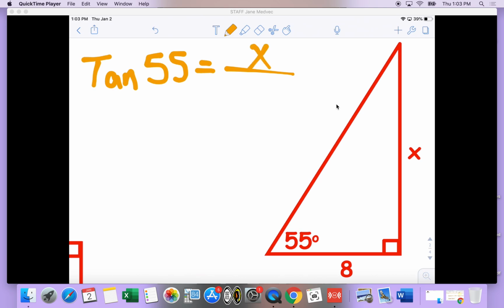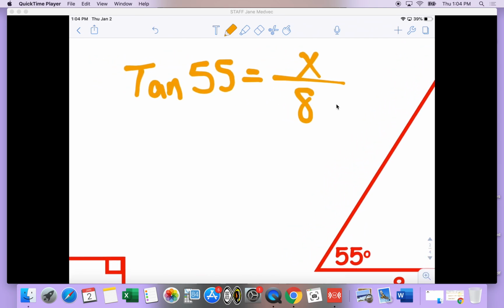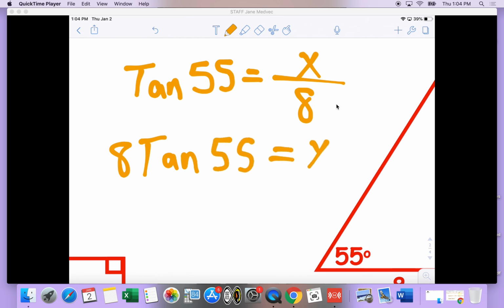X, denominator, 8, okay? I want to get the X by itself, so what am I going to do? Multiply by 8. So I get 8 tangent 55 equals X.